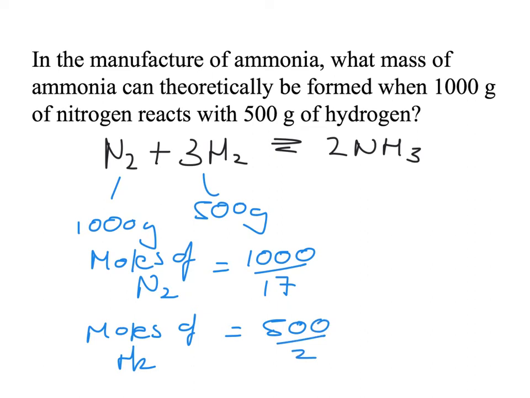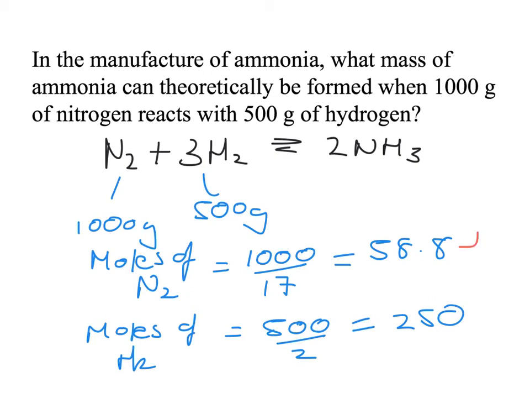So if we run those calculations through, 1,000 divided by 17 comes to 58.8 moles, and 500 divided by 2 comes to 250 moles. Now when we come to look at the mole ratio, we see for every 1 nitrogen I need 3 hydrogens.